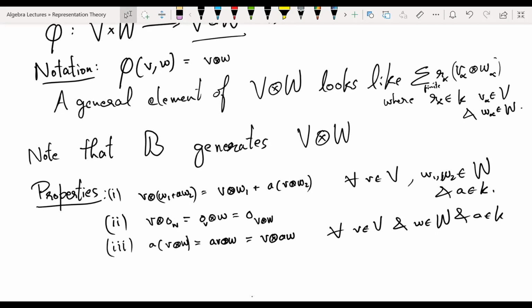So now it should be clear that B generates V tensor W, and then you also have to show that they are linearly independent.